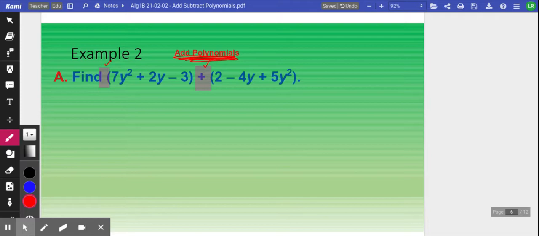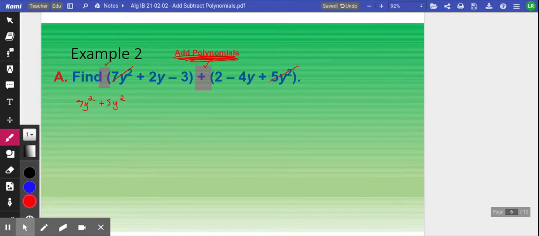Now, I need to combine my like terms. This is not a new concept for us, it's just that the problem looks different. I'm going to show you a way of organizing it. The biggest exponent first, so we have our 7y squared, and with our 7y squared goes a 5y squared.